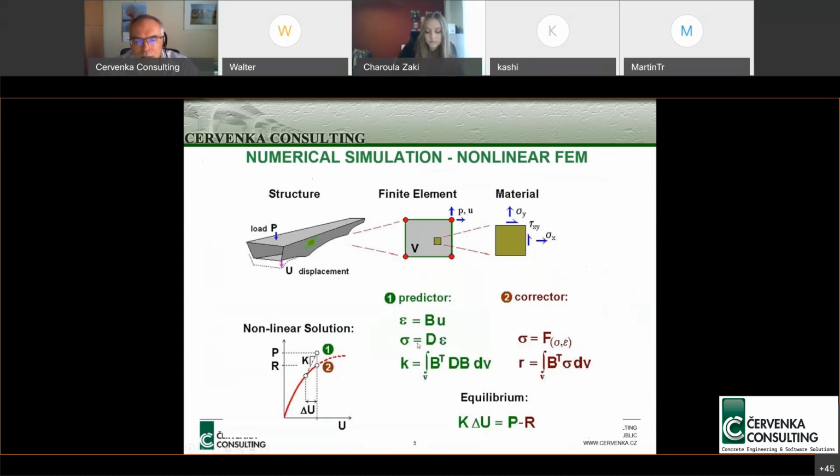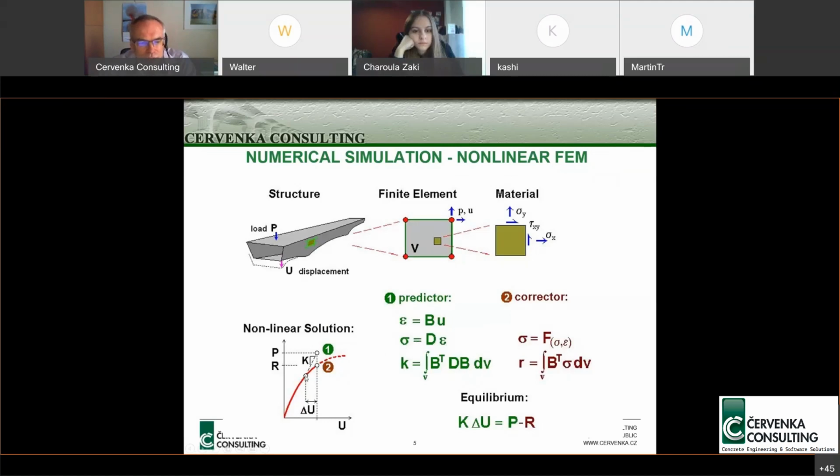So this is the main part where our software ATENA comes into play, where we introduce our nonlinear material models, introducing the cracking and so on. That's the main focus of ATENA software.